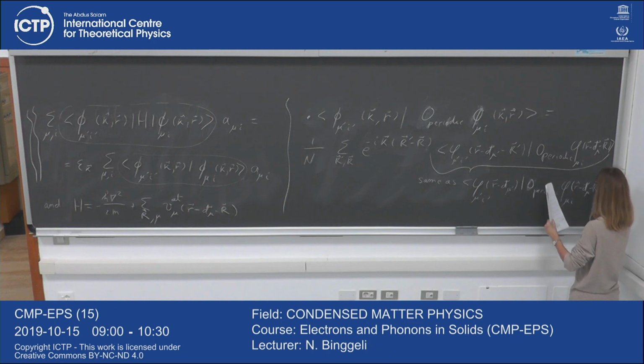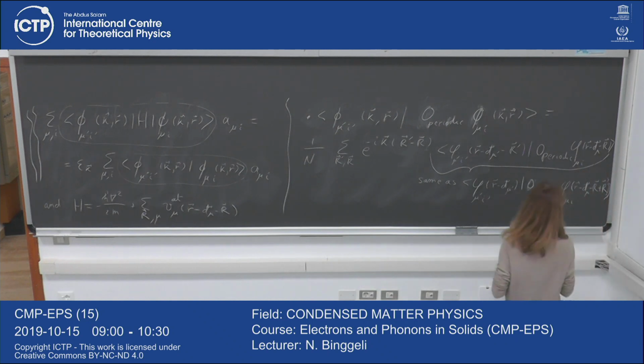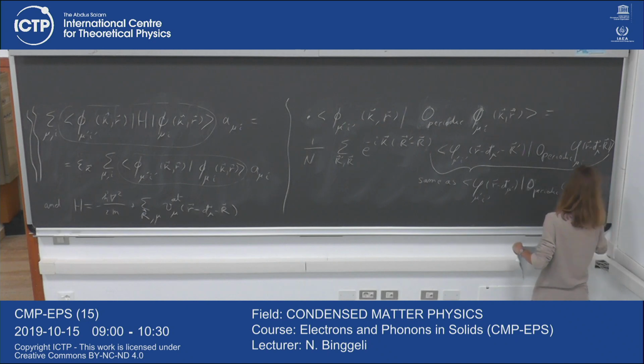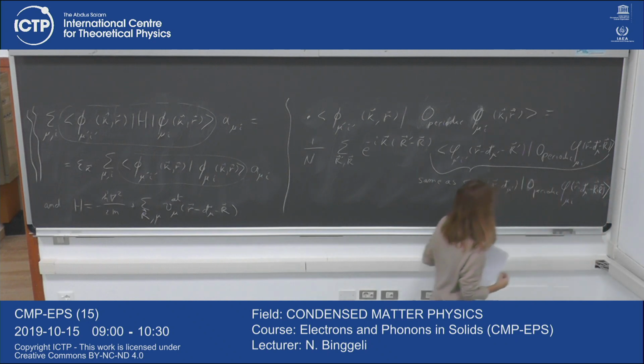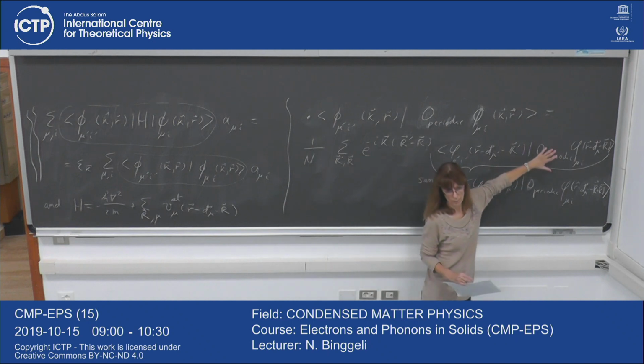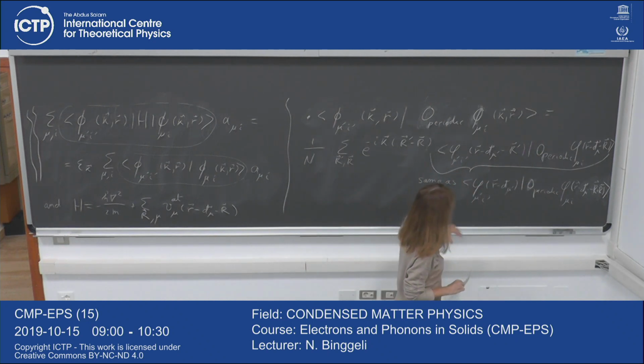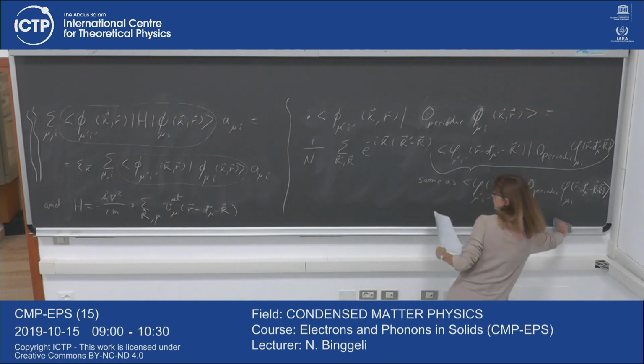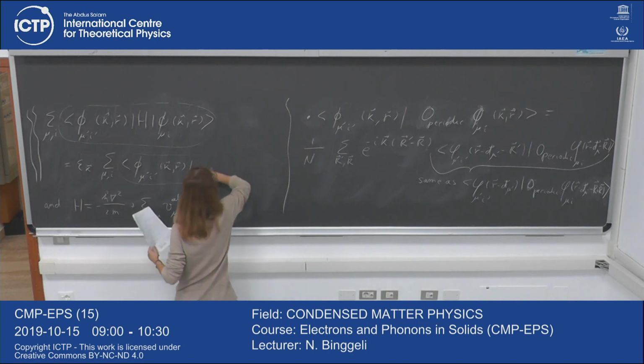So this is mu prime minus r plus r prime. Okay, so this is actually the same because this is a periodic operator, and one doesn't change this matrix element when one translates by a Bravais lattice vector.